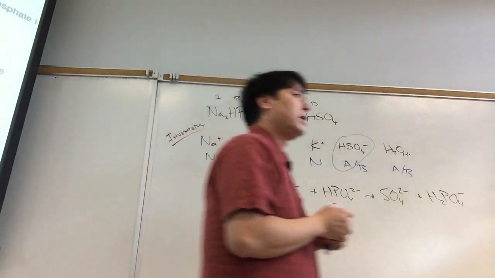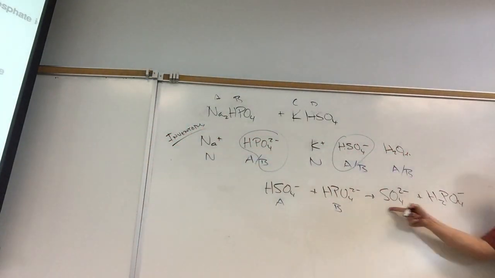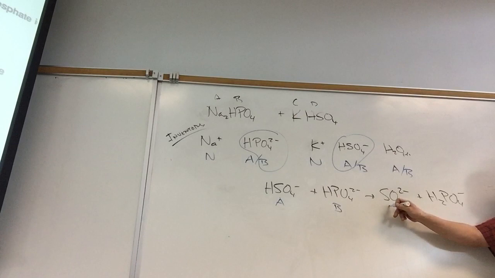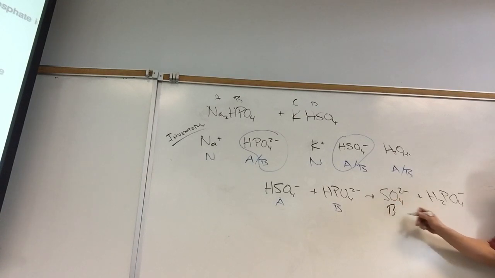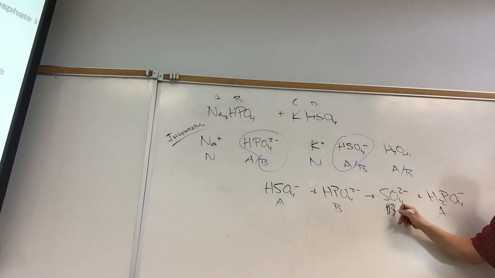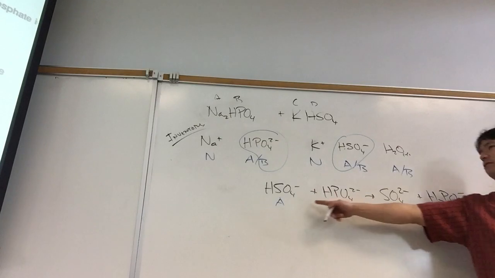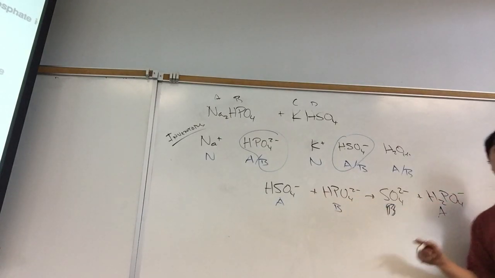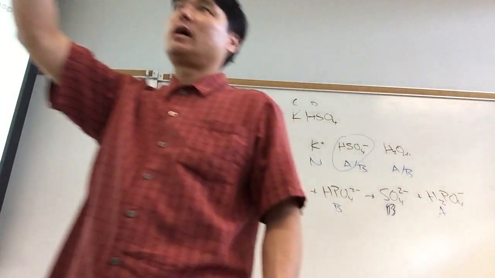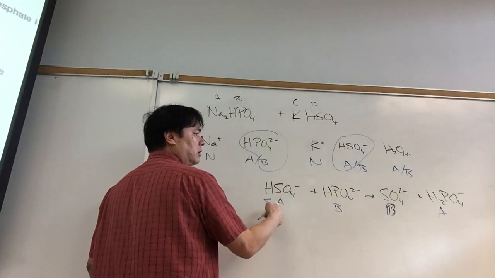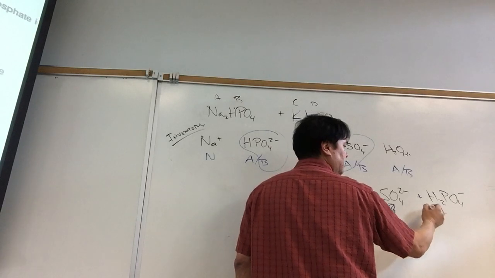All right, now we imagine this reaction going backwards. Going backwards, what's the acid, what's the base? And then we use the chart to compare the two acids. Which one's a better acid, HSO4 minus or H2PO4 minus? Looking at that chart over there, HSO4 minus is stronger, H2PO4 minus is weaker.